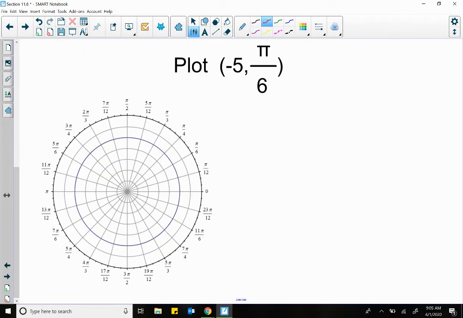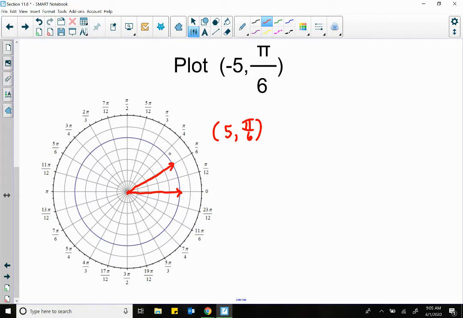So on this one, first things first, we need to work with the opposite of this. So we're going to plot this first and then take the opposite of the pole. Okay? So 1, 2, 3, 4, 5. So we're going to rotate pi over 6. 1, 2, 3, 4, 5.